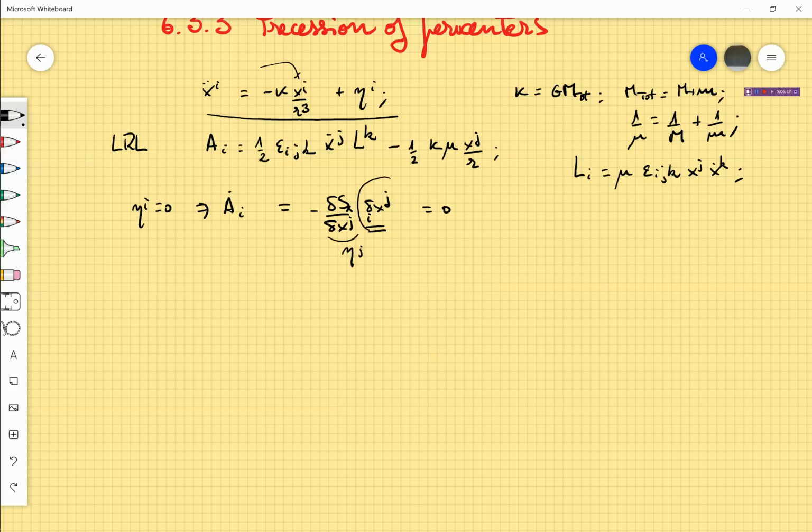And if you know this, which is given in the notes at the end of the lecture notes, then you can write the expression for the variation of a_i. The other thing that you need to know is that this a_i is a vector that, when we are dealing with Keplerian orbits, always points towards the pericenter.